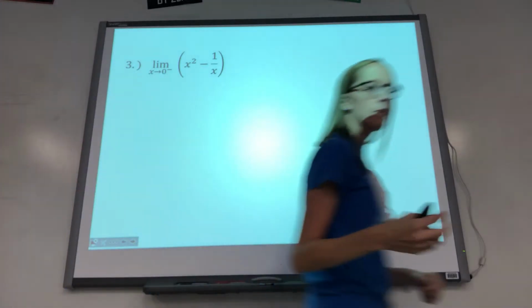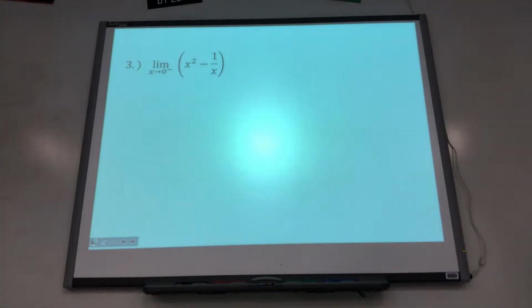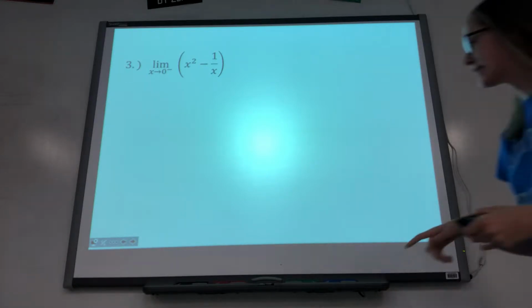Number 3, the limit as x approaches 0 from the left of (x squared minus 1) over x.